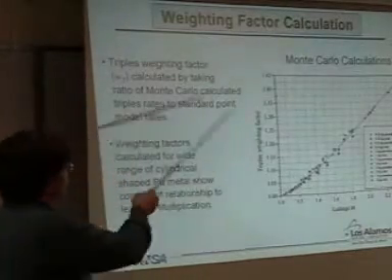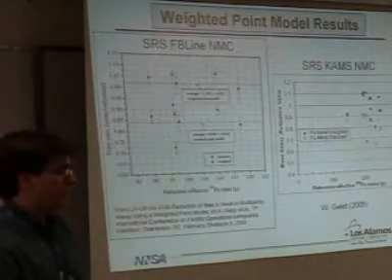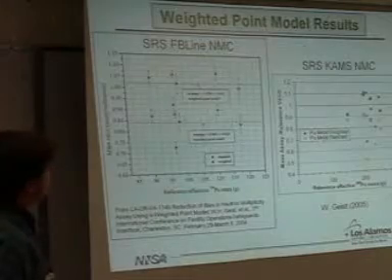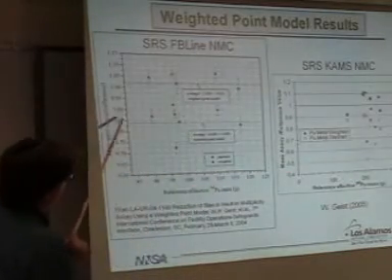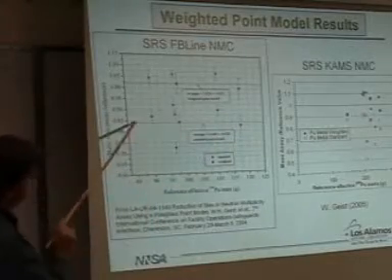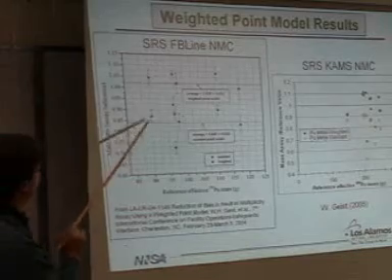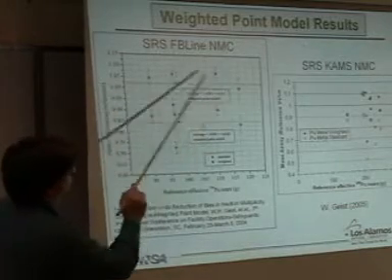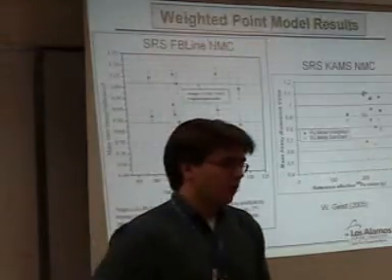It relies on MCNPX to calculate these correction factors, to take into account the properties of the item itself. And you can see from these measurements that before, with the standard point model, the bias was something like negative 15% low. Now the average is very close to 1, much closer to 1 when you apply the weighted point model to the standard point model.